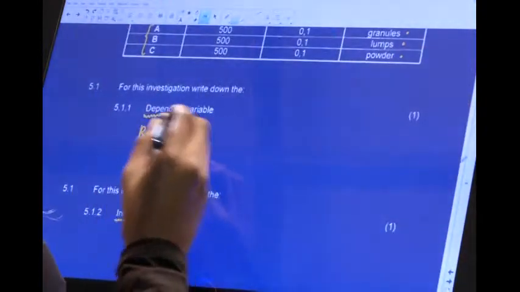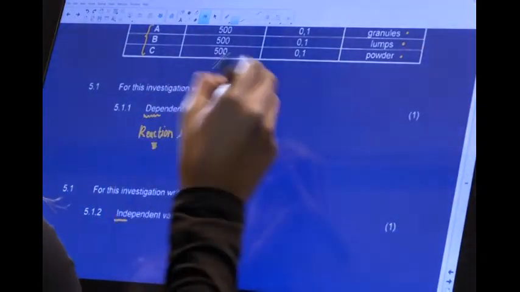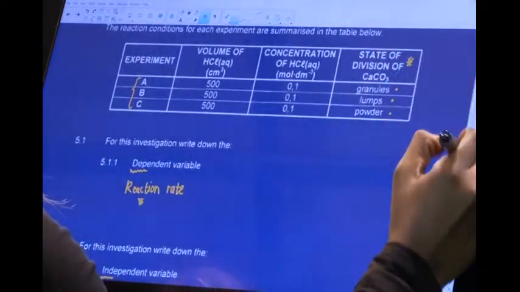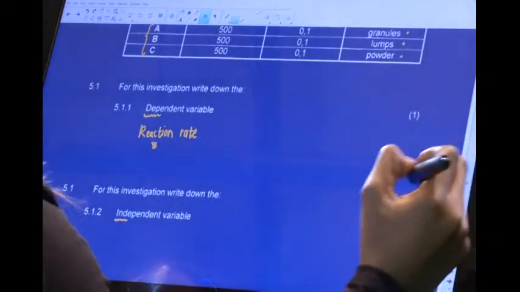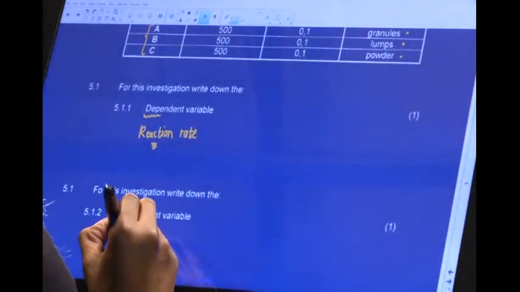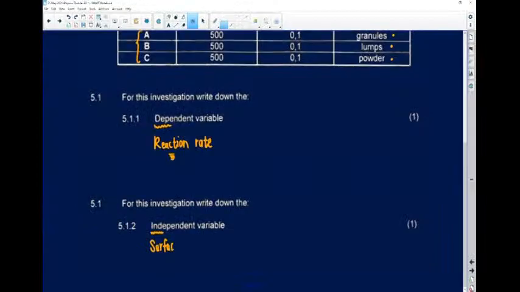So the reaction rate depends on the state of division of the CaCO3, and then the independent variable would be our surface area. I also think you can actually write state of division. I don't think we would be penalized for that.